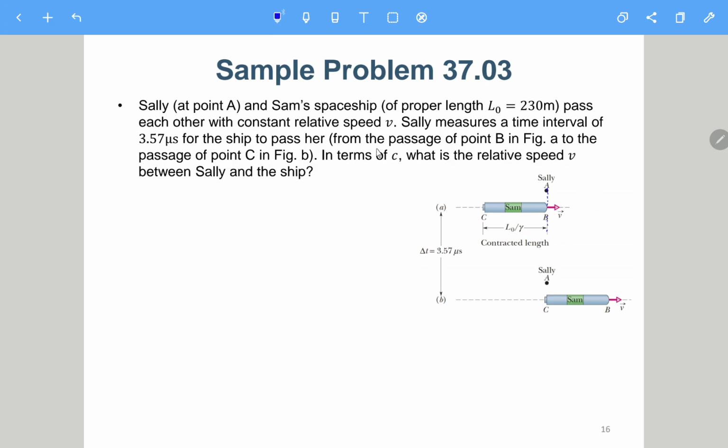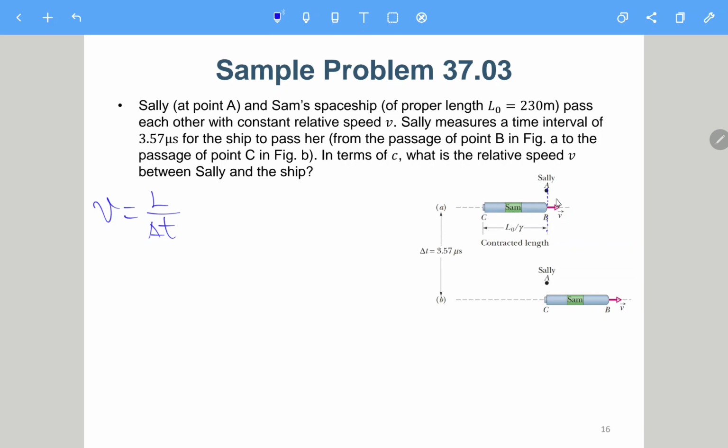For the ship to pass her, from the passage of point B to C, what is the relative speed v between Sally and the ship, in terms of c? Here v should be L over delta t. This length is due to the length contraction, because originally it is a proper length, but in Sally's reference frame the spaceship is moving, so the length will contract.